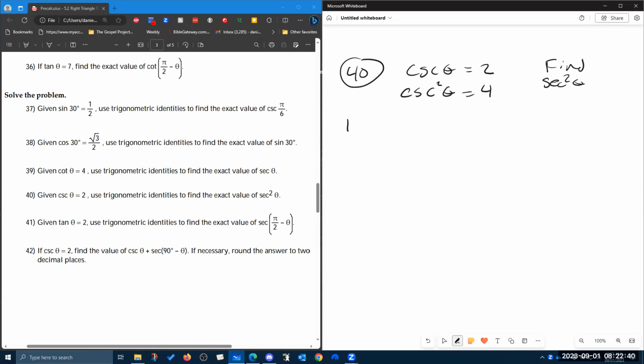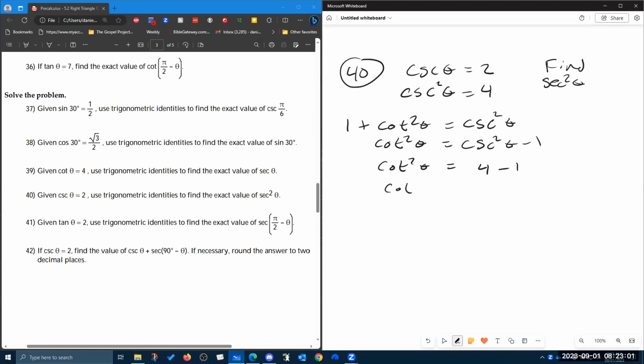And since 1 plus cotangent squared is cosecant squared, then cotangent squared is equal to cosecant squared minus 1. Cotangent squared is equal to 4 minus 1. Cotangent squared is equal to 3. Cotangent is going to be equal to the square root of 3.